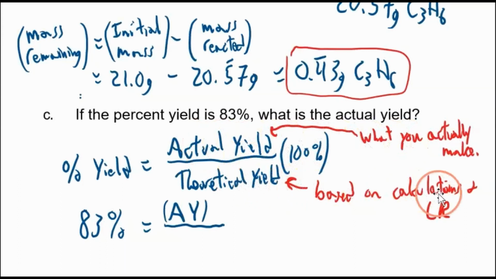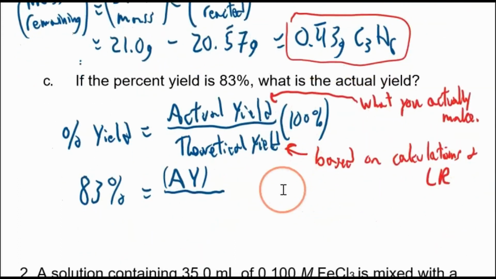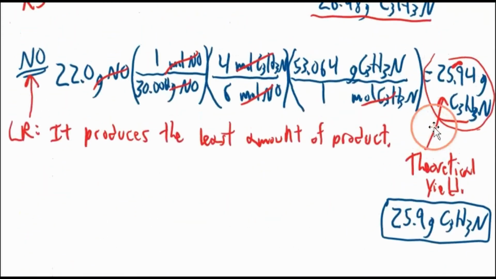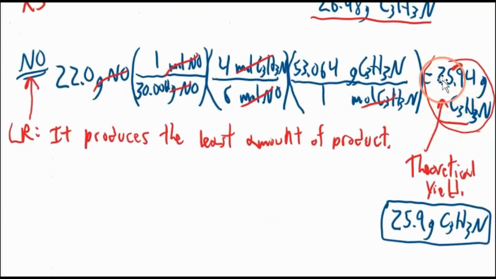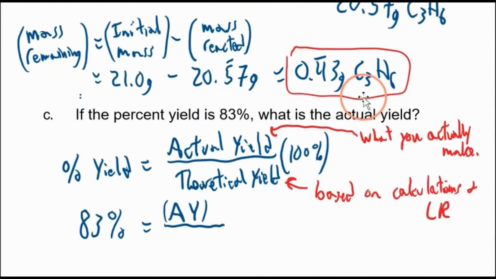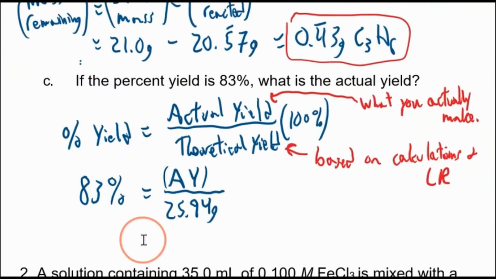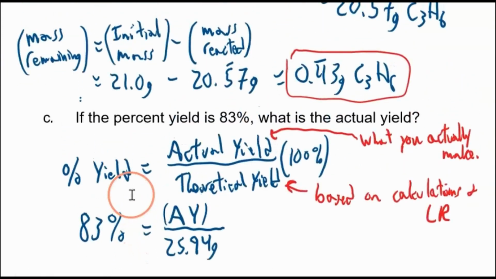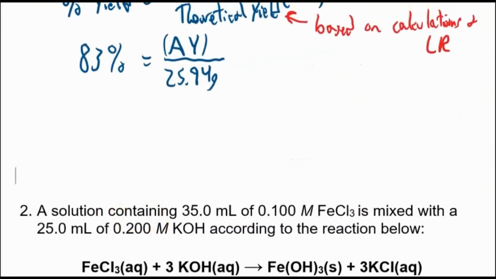Theoretical is just how much we theoretically make based on the limiting reactant. So we go back up here and we can theoretically make 25.9. I'm going to keep this extra digit because we don't want to round until the very end unless we're reporting it. So 25.94. It's not really going to matter for sig figs because we only have 2 here, but it's good practice.